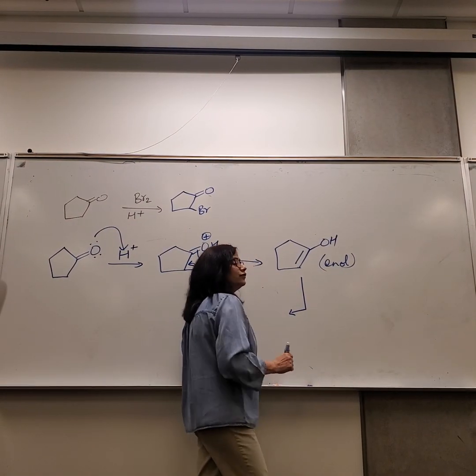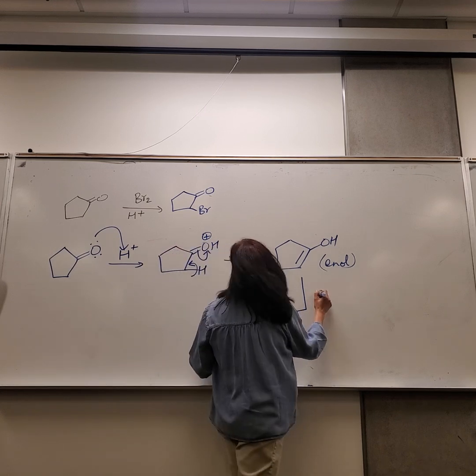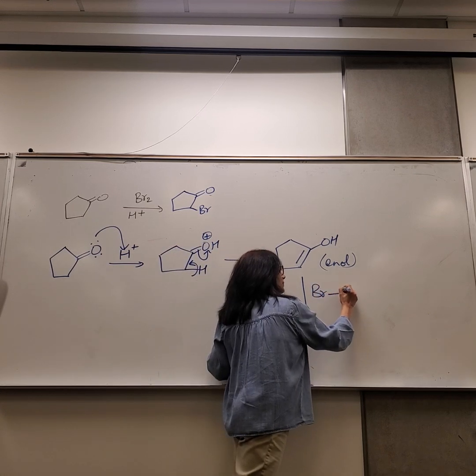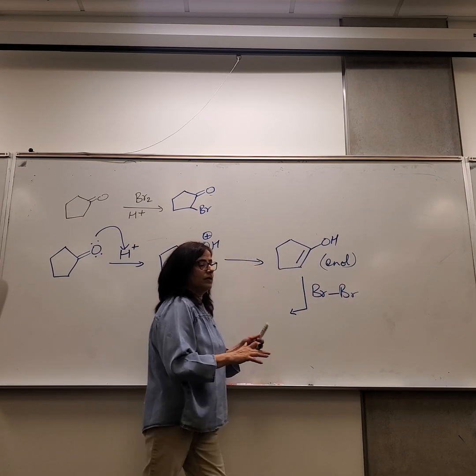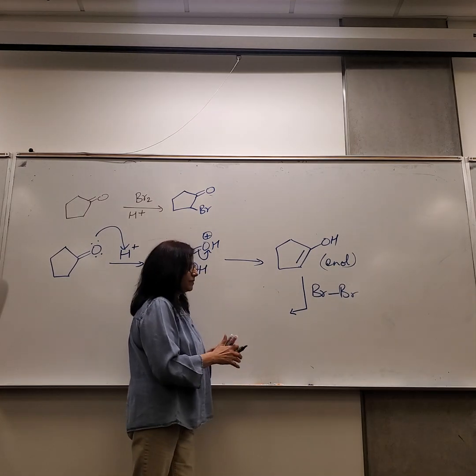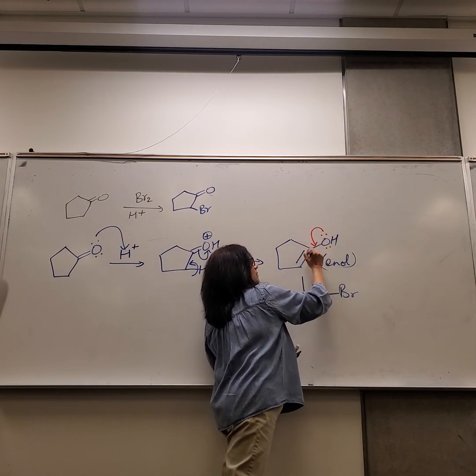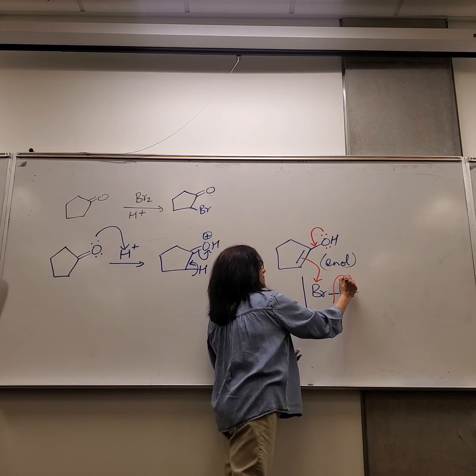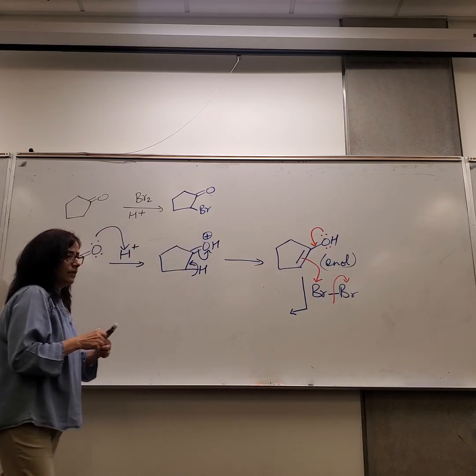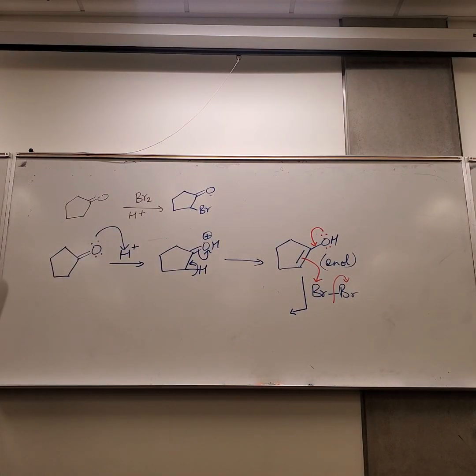What's our electrophile? That's the halogen. So it's the alpha carbon that gets activated.